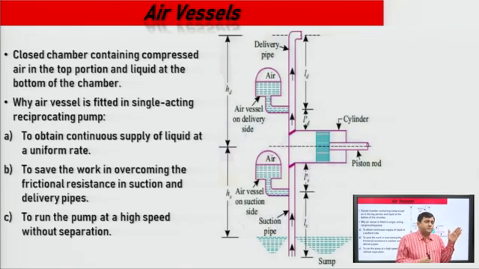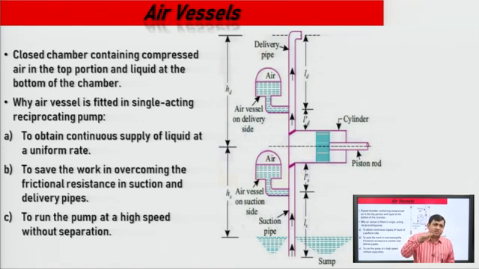The piston velocity is 0, then at the middle of stroke it is maximum velocity, and then the end of stroke. If you see the whole pattern of the movement of this piston, velocity variation takes place.